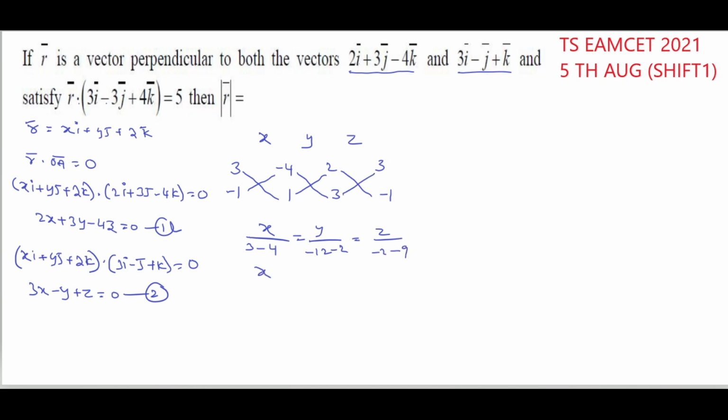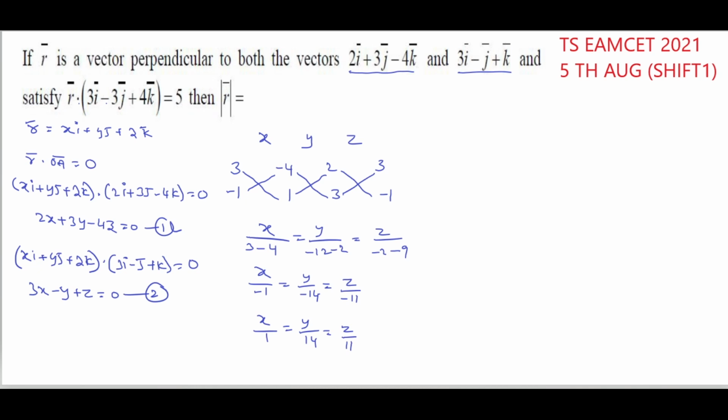That is x by minus 1 is equal to y by minus 14 is equal to z by minus 11. From this, x by 1 is equal to y by 14 is equal to z by 11. So the x value is 1 and the y value is 14 and the z value is 11.